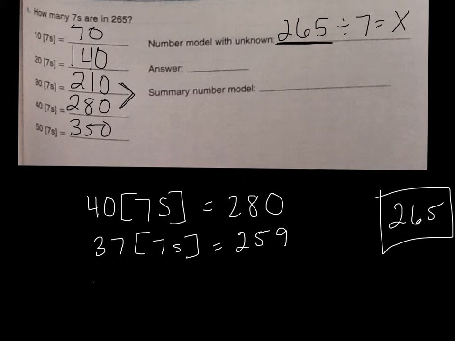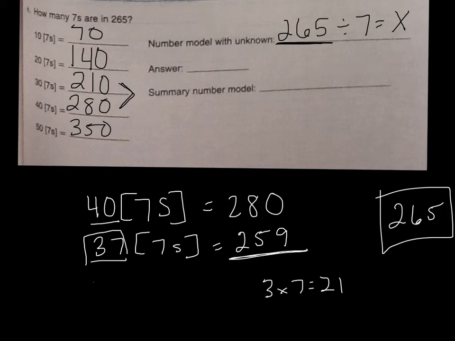Let's see if that makes sense. Here we have 40, here we have 37, so it's 3 groups less. 3 times 7 is 21. 280 minus 21 is 259, yep. Okay, so we're at 259 with 37 groups.